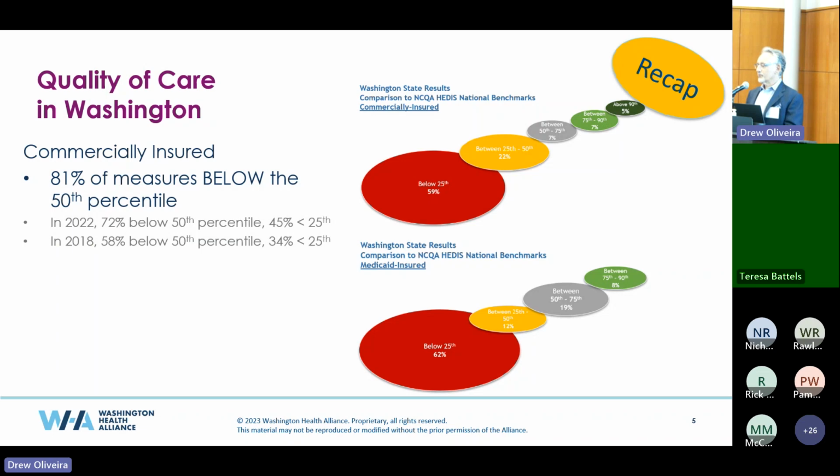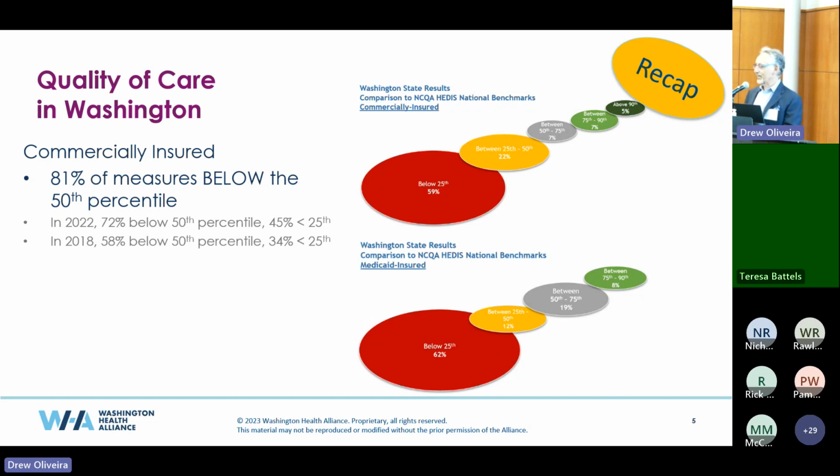From a big picture, we presented this for a number of years. How does the quality of care in Washington compare nationally? And the size of those little bubbles actually are the size of the number of measures within those bubbles. You want more green than you want red. Red and yellow are those 25th and 25th to 50th percentiles, and we are running well below what the national averages would have us go with.